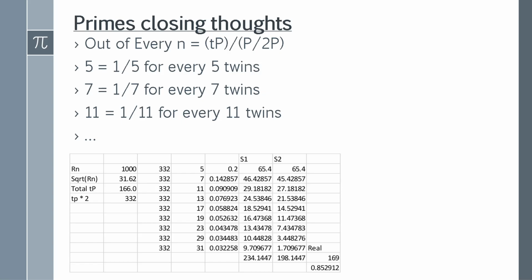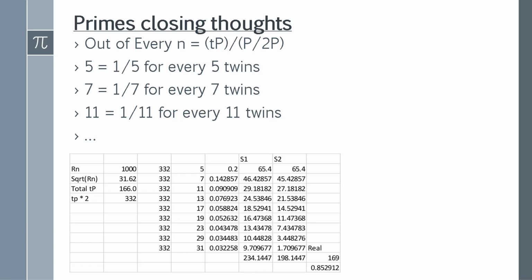And for S2, I'm accounting for 5 times 7, 5 times 11, 5 times 13, so I'm subtracting the ones that I can quickly calculate in my head, and I'm at 85% accuracy. What I'm not accounting for is the number 175, which is 5 times 7.